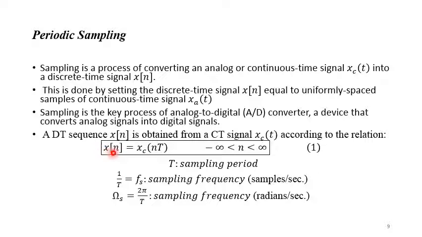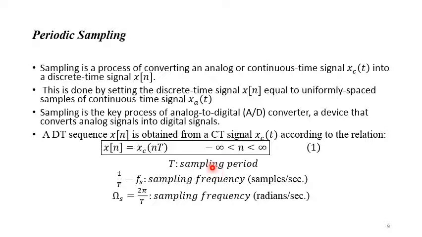So the discrete time sequence x[n] equals the continuous time signal sampled at sampling interval T, so x_c(nT), where n is from -infinity up to infinity and takes integer values. Here T is the sampling period, that is, after how much time should you take a sample.